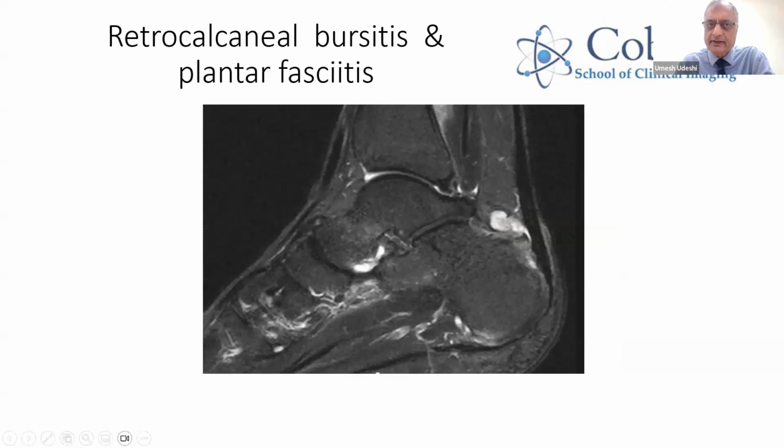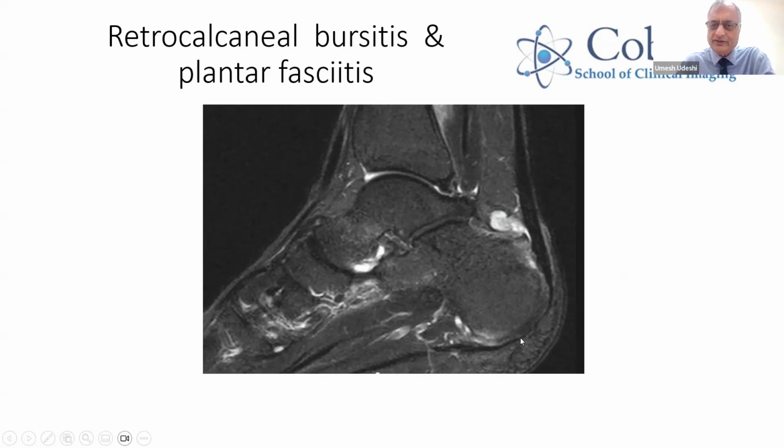Here's another retrocalcaneal bursitis. There's much more than 1 millimeter AP diameter of fluid here, and there's some gray stuff in it. So there's some debris, some synovitis perhaps in it. And then down here is the insertion of the plantar fascia, that dark structure there, on the calcaneum, and there's bone marrow edema at that insertion site.